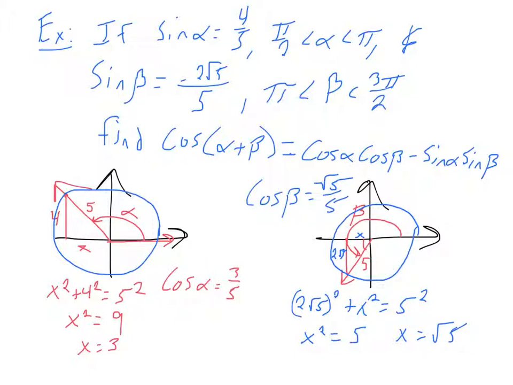One minor error here. Because we're in the second quadrant for alpha, cosine should actually be negative 3/5, not just positive 3/5, but negative 3/5. So we originally had sine alpha is 4/5.